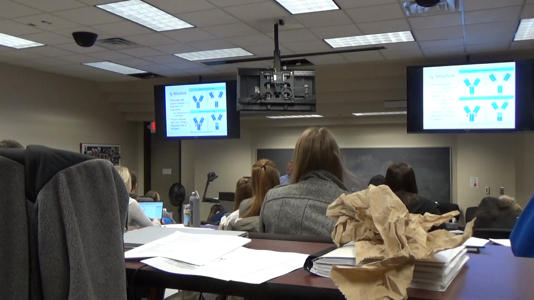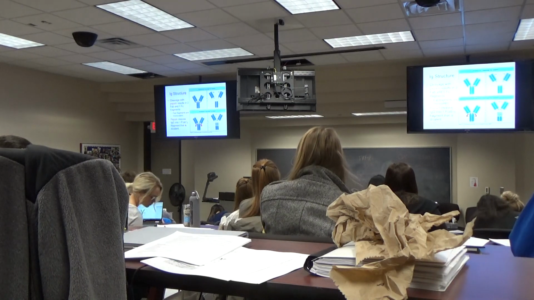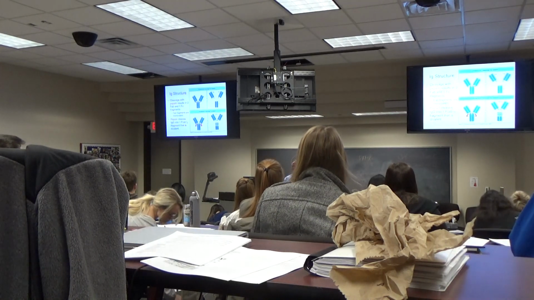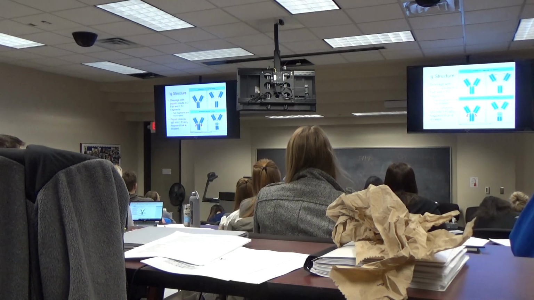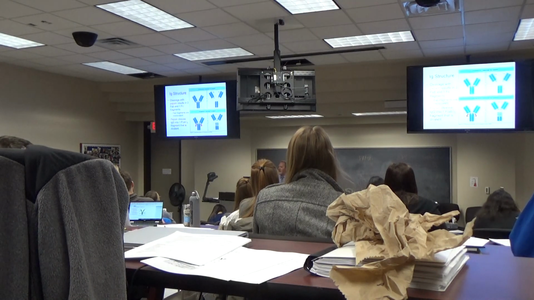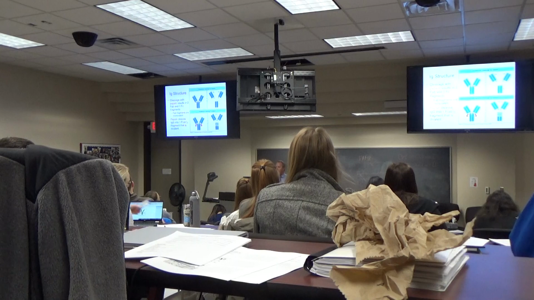Chimeric antibodies that are part mouse, part human. Some that are humanized, where even less is shared. And then the idea is you can make antibodies in mice much easier to TNF. You can inject them with human TNF, and then make an antibody that recognizes human TNF, and you can isolate it, and you can make hybridomas, which make just tons of this antibody that is specific to TNF.